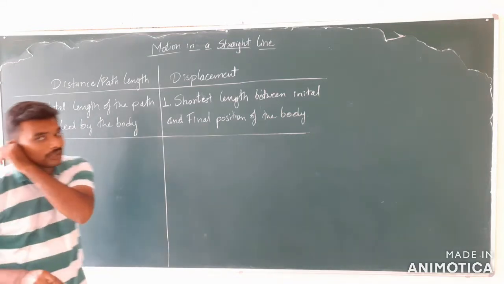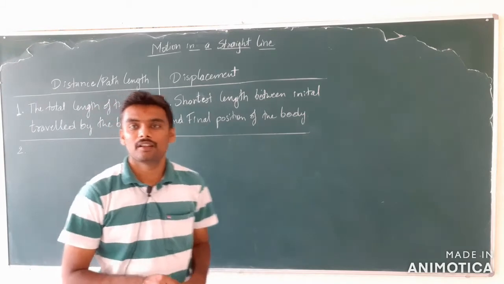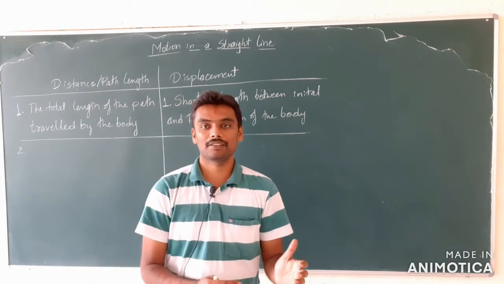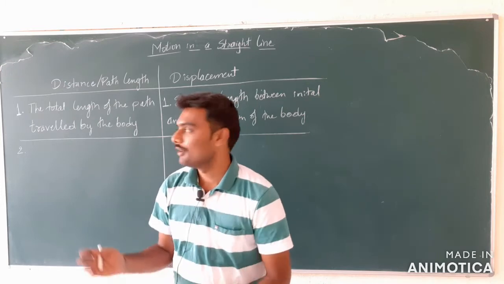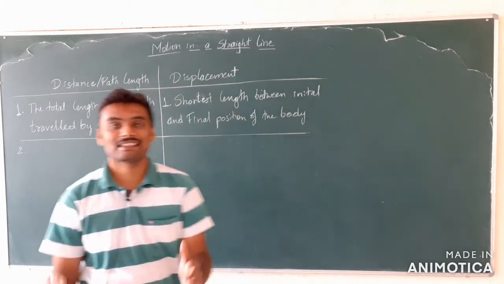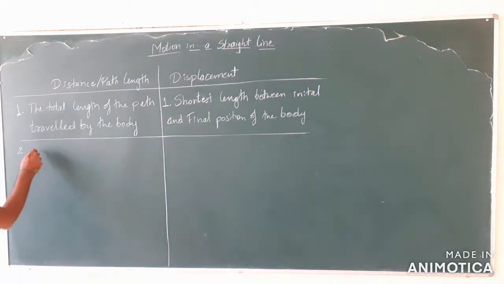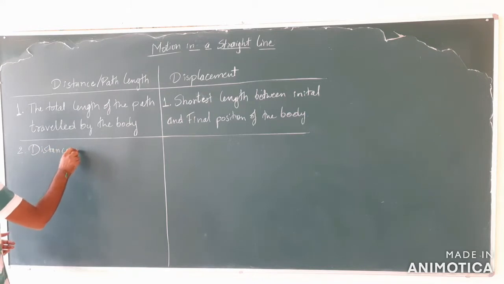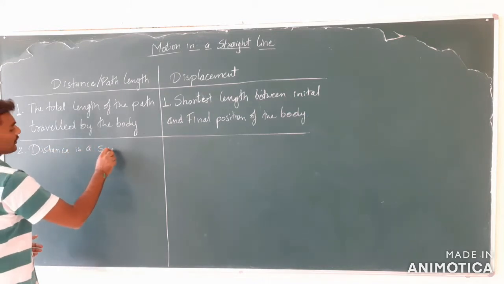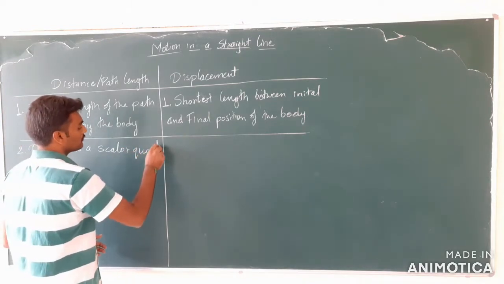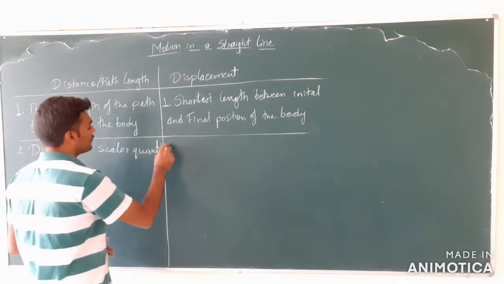Next, what kind of quantity is distance? See, all the quantities can be categorized into either scalars or vectors. And distance is a scalar quantity, displacement is a vector quantity, right?